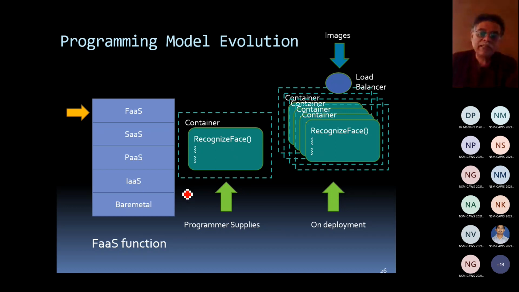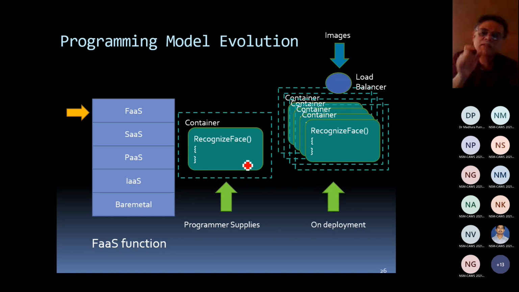Now the challenge is the following. Your container must be kept ready once you've deployed it. It must be kept ready for execution. When the image comes in, if your container is sleeping, it must be run, so a quick start time is the second aspect. The second aspect is that most of the time in FaaS, the work that is done is pretty small.